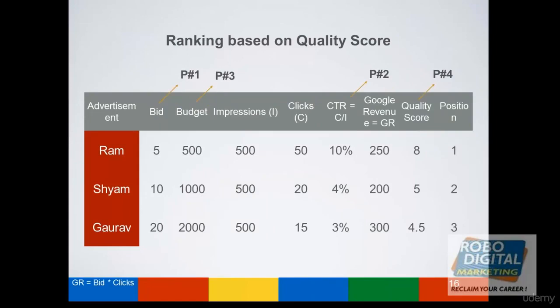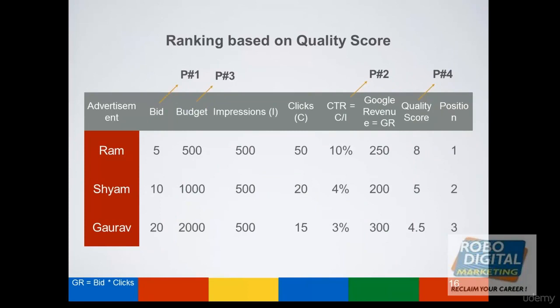Now if you look at the third case, where there are three persons, Ram, Shyam and Gaurav. Ram is bidding 5, Shyam is bidding 10 and Gaurav is bidding 20. If we look at the CTR, Ram is getting a CTR of 10, Shyam 4 and Gaurav 3. If we look at the revenues, Google's revenue is 250, 200 and 300.